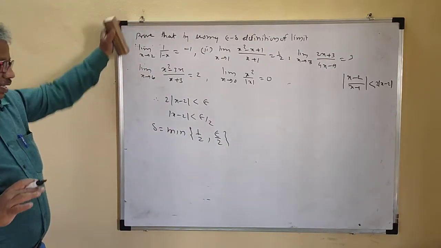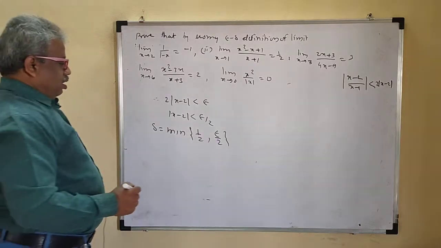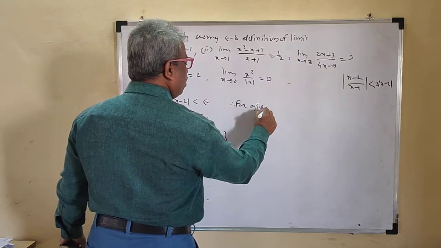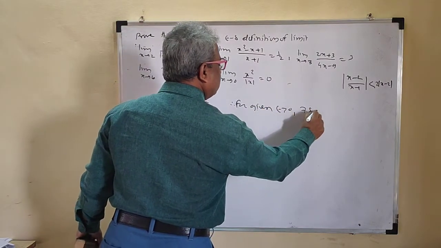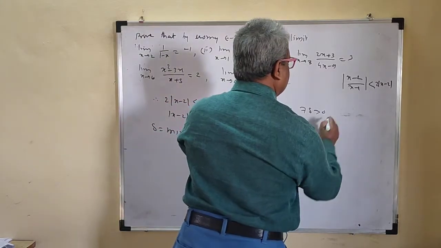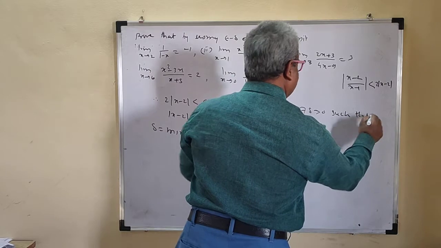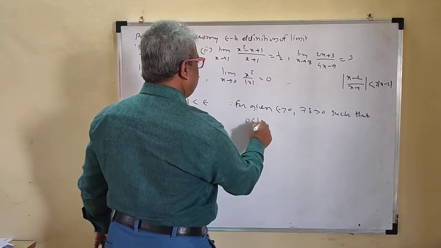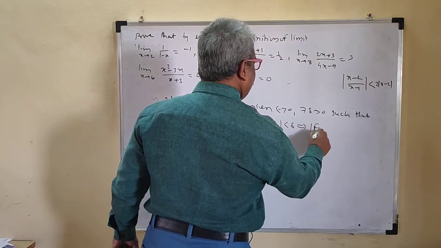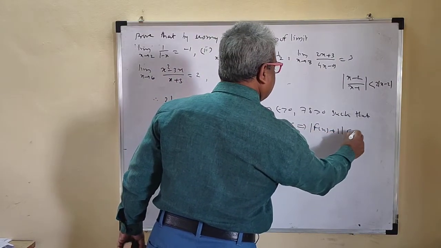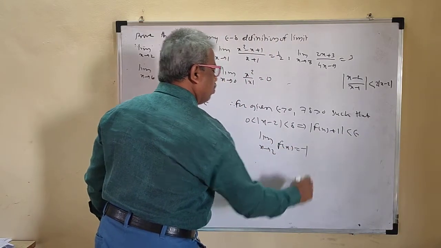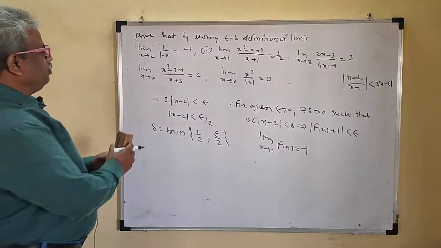So for given epsilon greater than 0, there exists delta greater than 0 such that 0 less than mod of x minus 2 less than delta implies mod of f of x plus 1 less than epsilon. Therefore limit x tends to 2 of f of x is equal to minus 1. So we have proved.